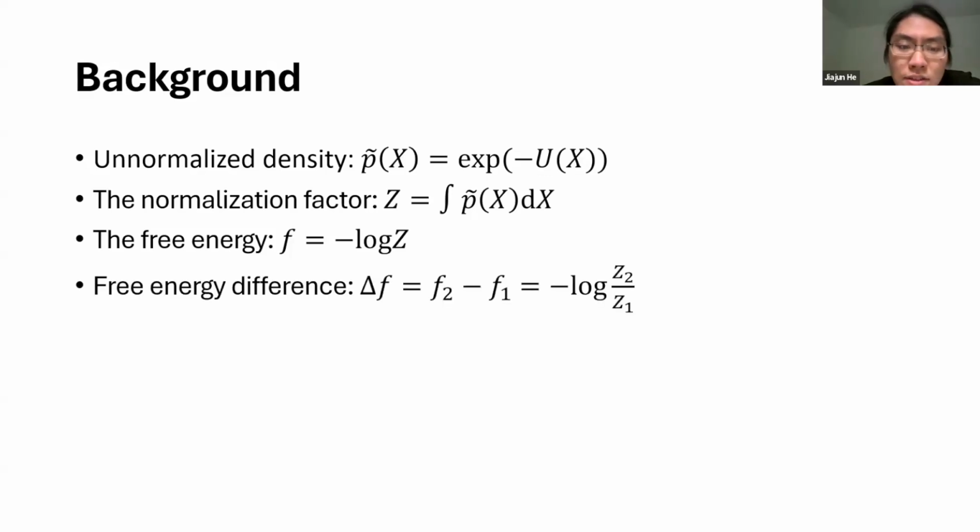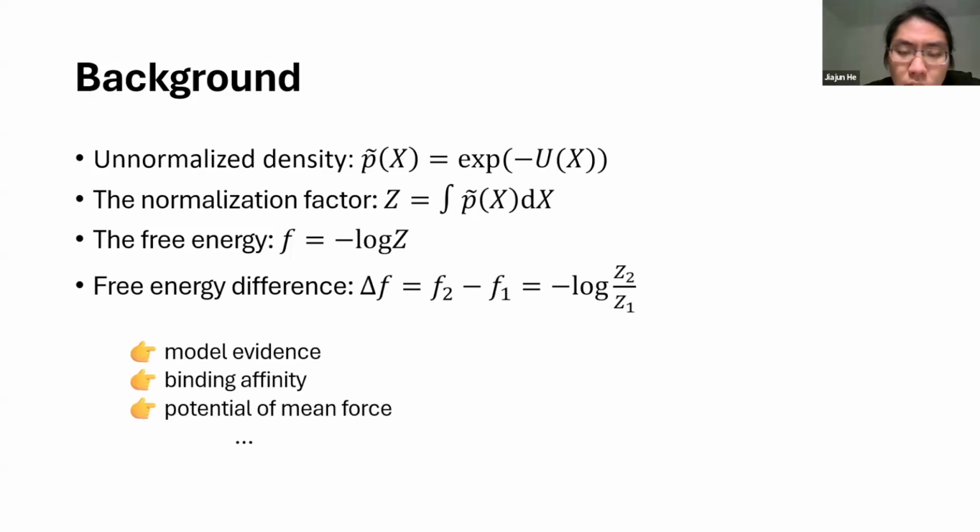And for the free energy difference, sometimes we have more than one system. If you have two, we might care about the free energy difference between these two systems. So this is defined as the logarithm of Z2 divided by Z1. And why this thing is important is because we have already seen this a lot of times in different aspects.